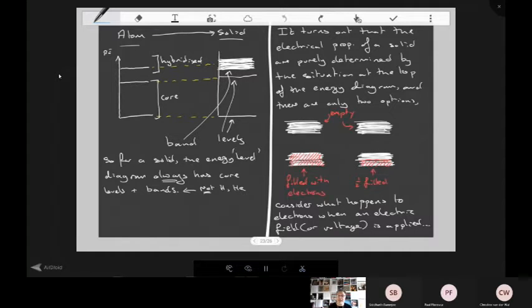Well, the energy levels become bands, so I should say the energy band structure. And there's only really two options. You are either in a situation where you have a completely filled band and then a gap before the next unfilled band.